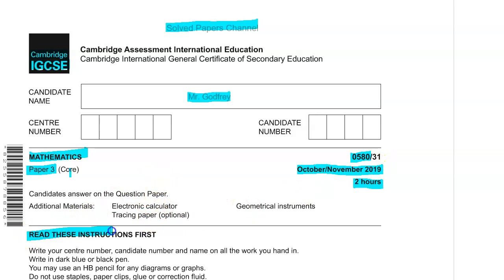Always, in every given exam, make sure you read the instructions first. Calculators are allowed. Geometrical set you require as well. I always point out this to my students. If the degree of accuracy is not specified in the question, and if the answer is not exact, give your answer to 3 SF.